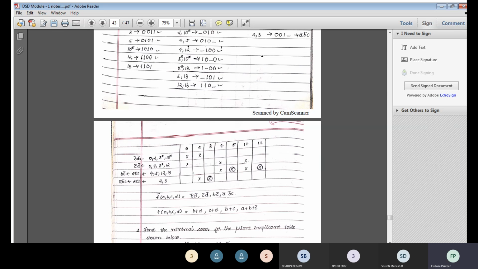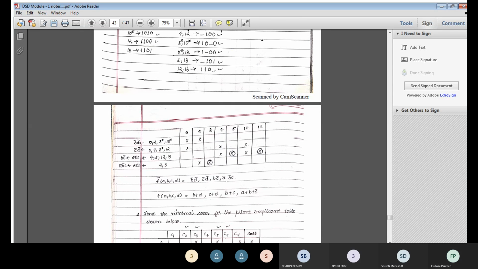When I remove the bar, it becomes B double bar plus D double bar, so it will be B plus D. In the same way directly, it is C plus D, it is B bar plus C, it is A plus B plus C bar. So that is F of A, B, C, D. Understood? Any doubts regarding this problem? No, ma'am.